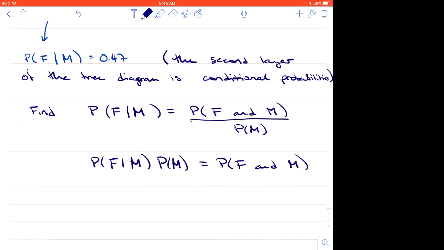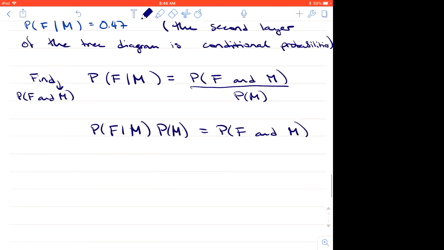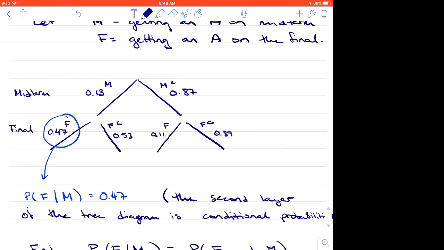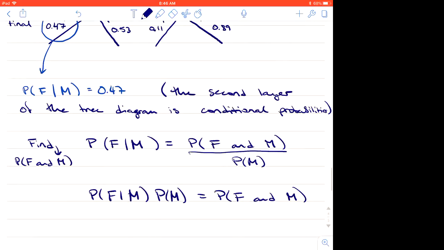So find the probability of F and M. This is all just to show that to find the probability of F and M, we end up just multiplying down the branch. So that's the same as the probability of F given M, right?